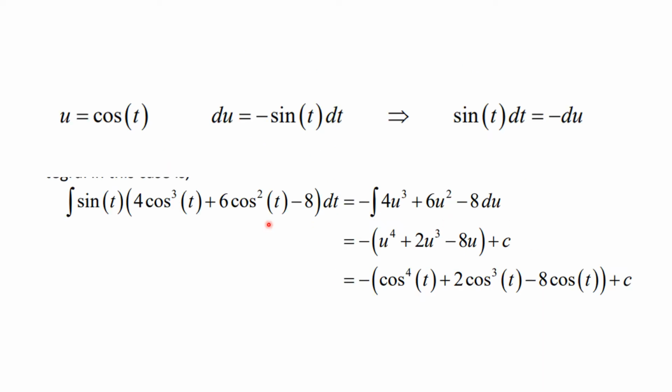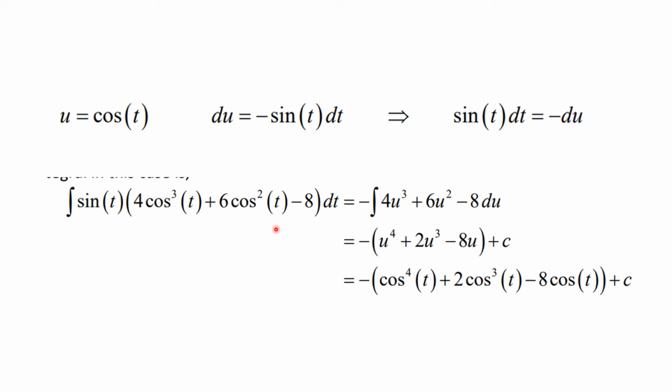The next problem that we had was this one. And the substitution that we want to do here, because you see the sine t dt will work for all of these powers of cosine. So we're going to let u equal cosine of t. du is going to be minus sine t dt, and that means that dt also would be du over minus sine t.